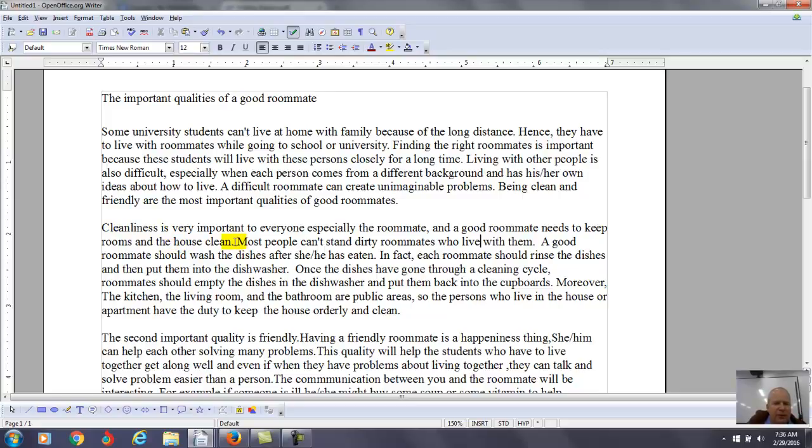In fact, each roommate should rinse the dishes and put them into the dishwasher. Once the dishes have gone through a cleaning cycle, roommates should empty the dishes in the dishwasher and put them back into the cupboards. Moreover, the kitchen, the living room, and the bathroom are public areas, so the persons who live in the house or apartment have the duty to keep the house orderly and clean.